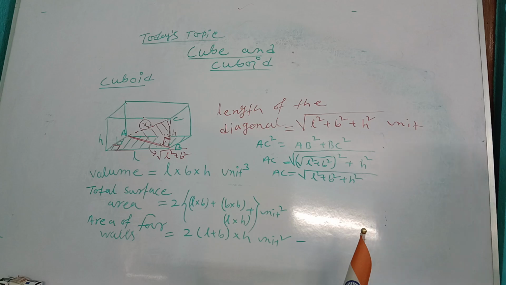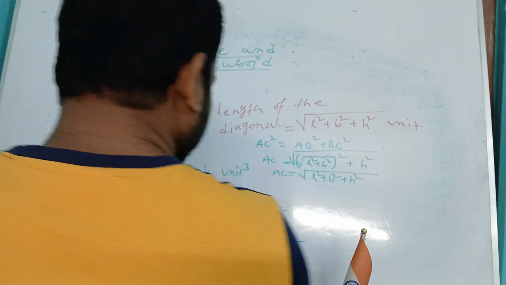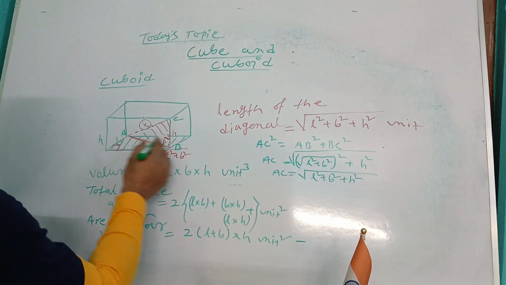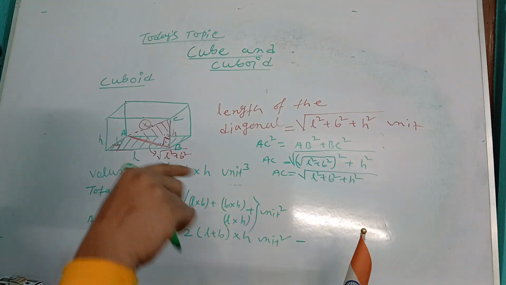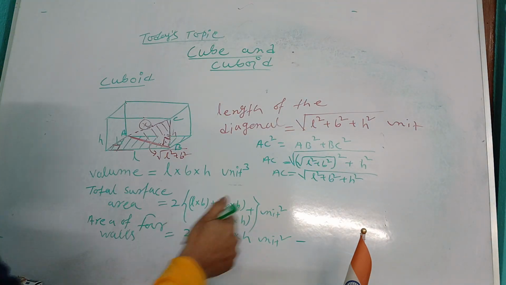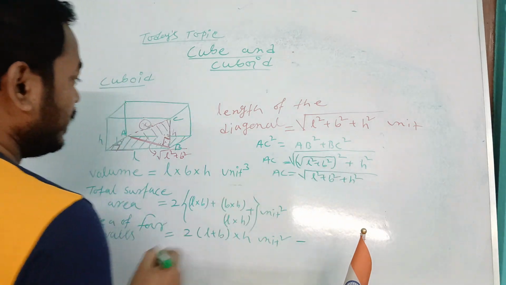Okay. So that's why the diagonal is this. In the case of a 2D rectangle, it is length square plus breadth square. Here we get L square plus B square plus H square.